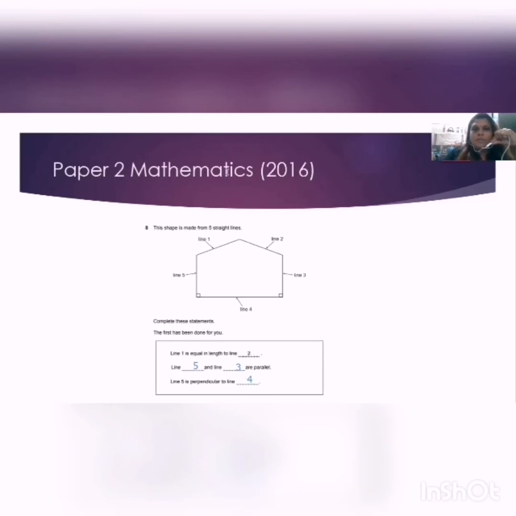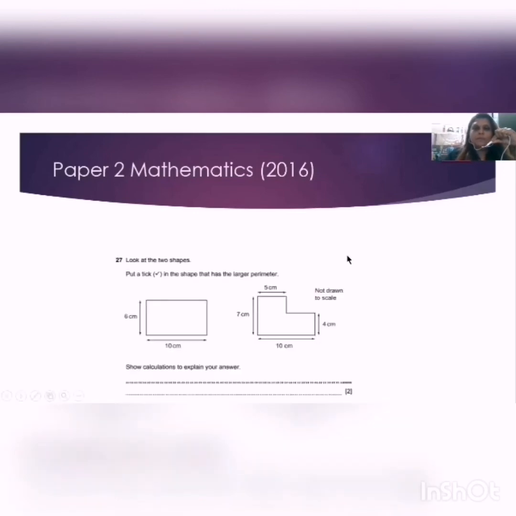Now let's move to the next question. Look at the two shapes. Put a tick in the shape that has a larger perimeter. As you all know, to find the perimeter, you have to count all the distance around the 2D shape.